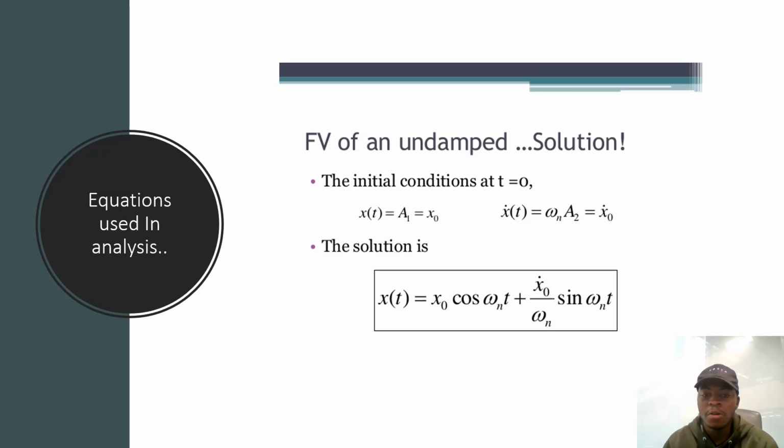The solution for the position is x naught times cosine of the natural frequency times time, plus x dot naught divided by the natural frequency times sine of the natural frequency times time.